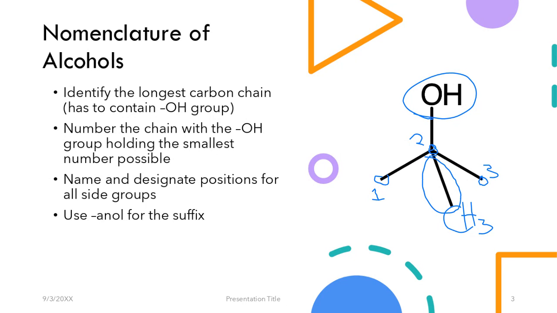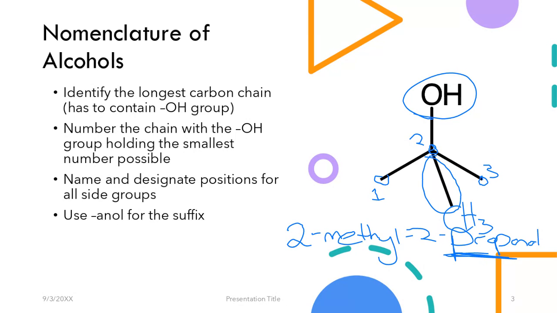So my IUPAC name will be 2-methyl-2-propanol because my carbon chain has 3 carbons. So prop is my... what is that called? Your parent chain. No, the other word for suffix, what is that called? Your prefix. Prefix, yes. And then -anol is my suffix.